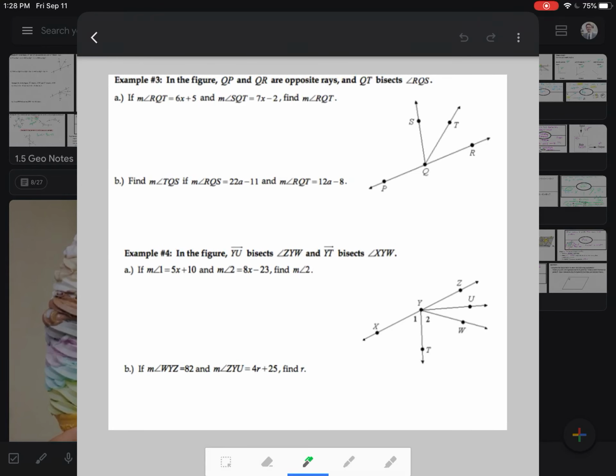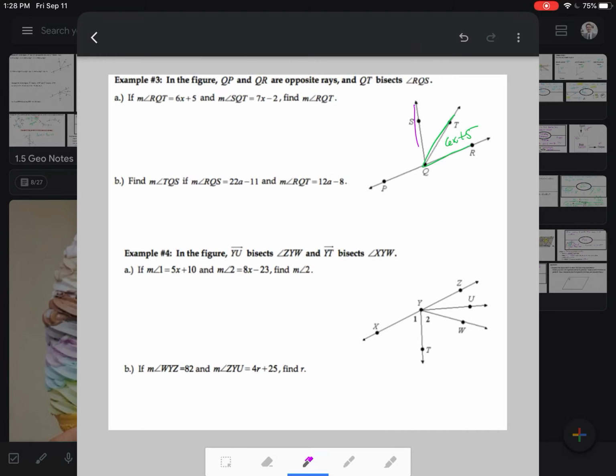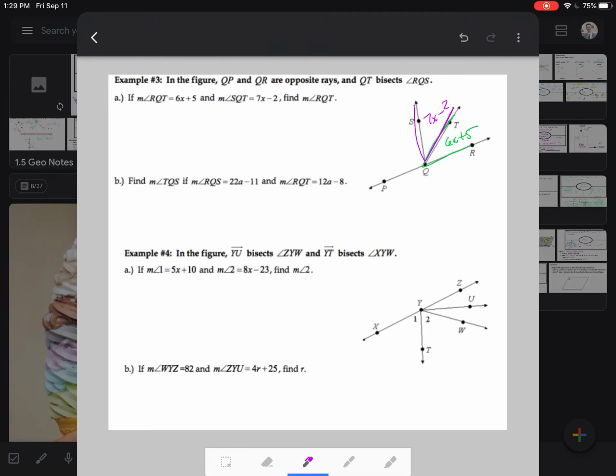So if the measure of RQT, which is this one, is 6x plus 5, and the measure of angle SQT is 7x minus 2, they want us to find the measure of angle RQT. Okay, so they're giving us some information. Another thing that we should see is up top here, QT is a bisector, so we know that this angle and this angle have to be the same if QT bisects it.